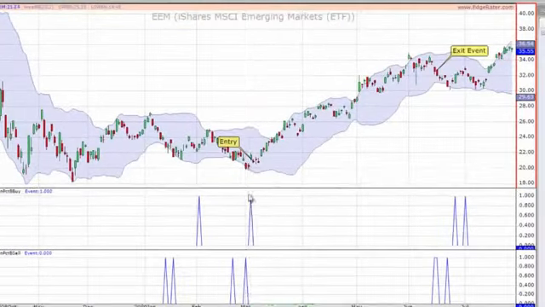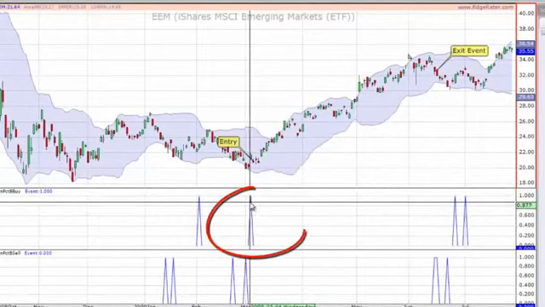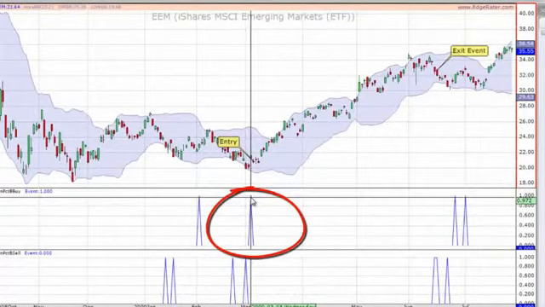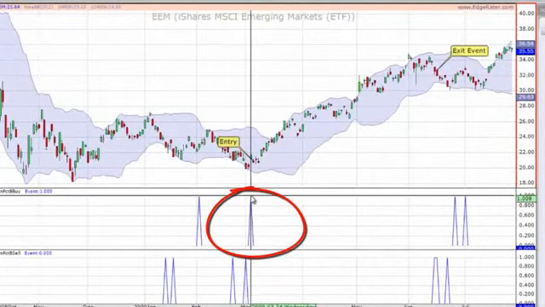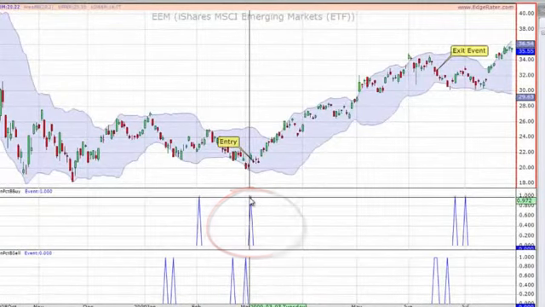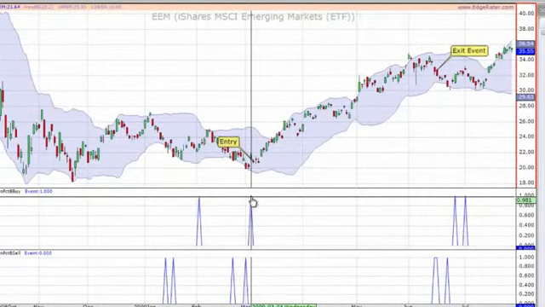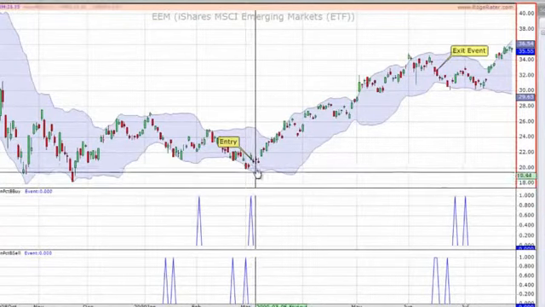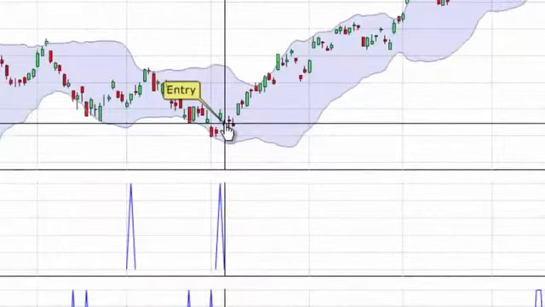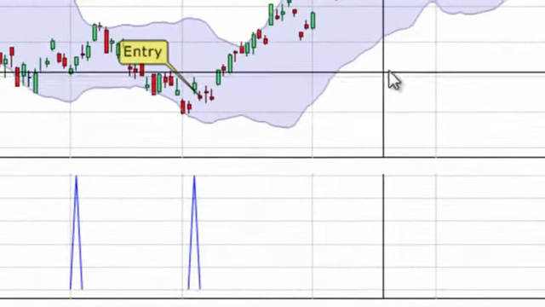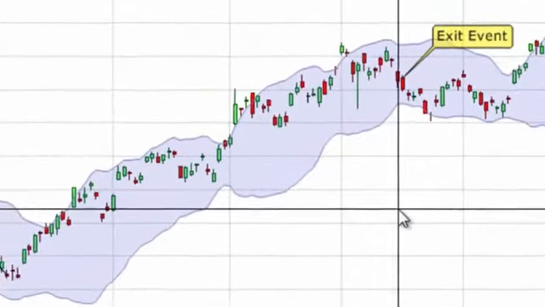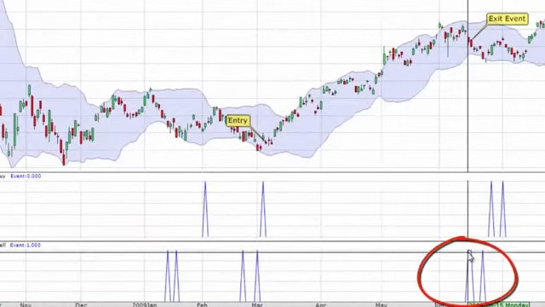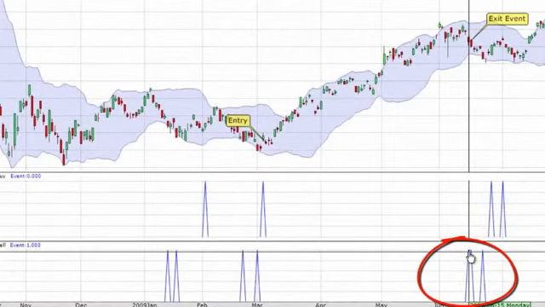The entry is listed down here, so you'll see the blue signal in the buy area of the chart, and that signal fired on Wednesday, March the 4th, 2009. The following morning, the simulator bought that ETF and then held it until we got a sell signal, and the sell signal occurred down here on June 15th, 2009.